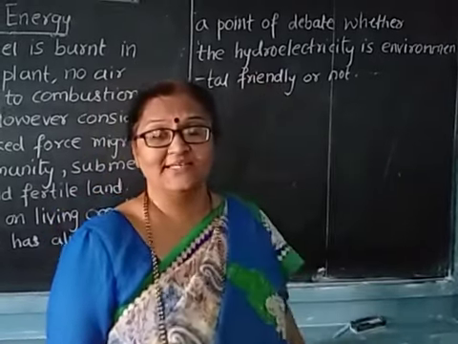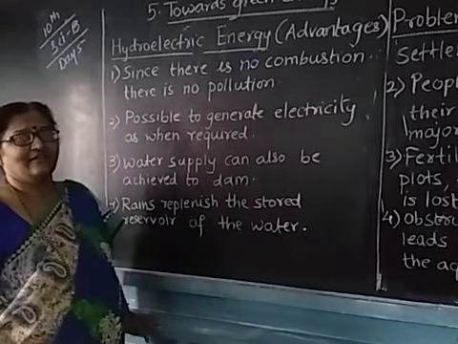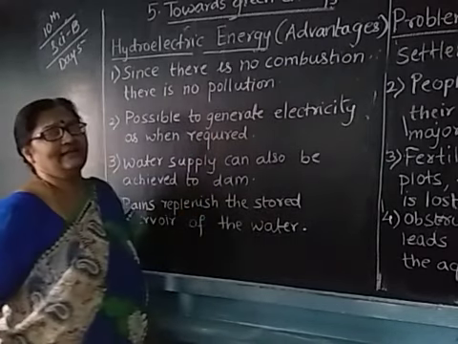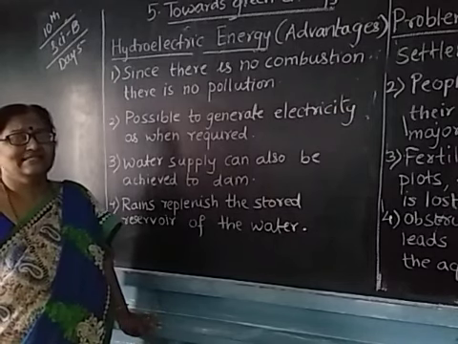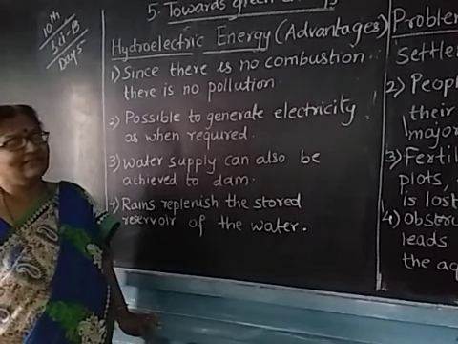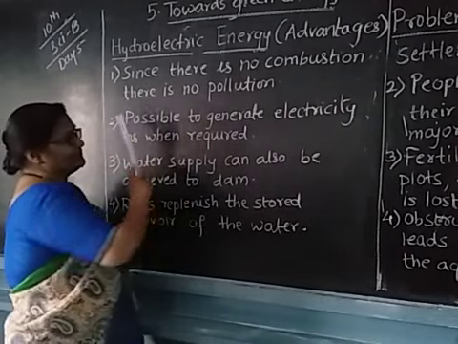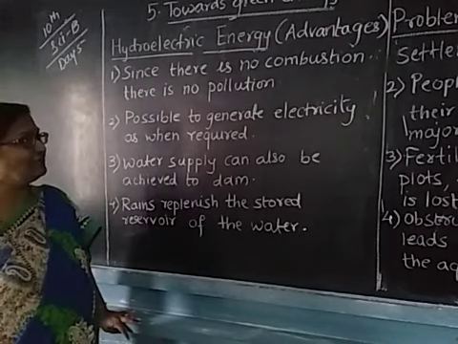The next point is, now we have studied the hydroelectric power plant. We are going to study the advantages of this power plant. Each and every power plant has advantages. What are the advantages that we are going to see? Since there is no combustion, combustion means what? There is no burning of any fuel.